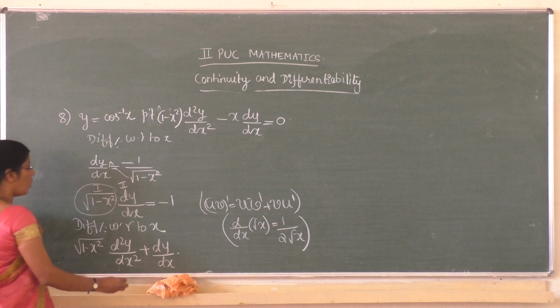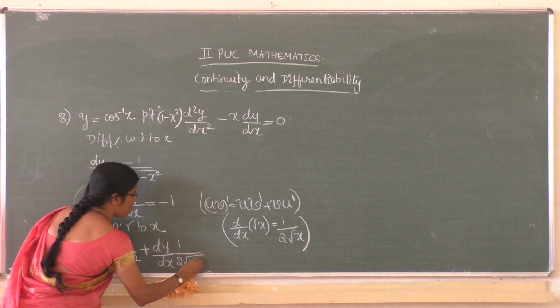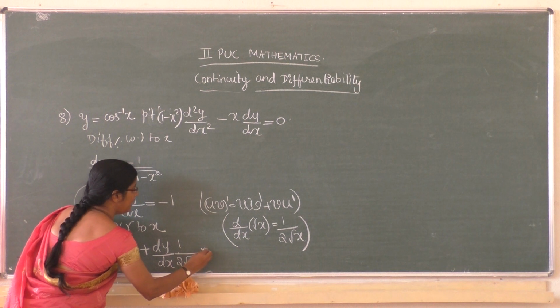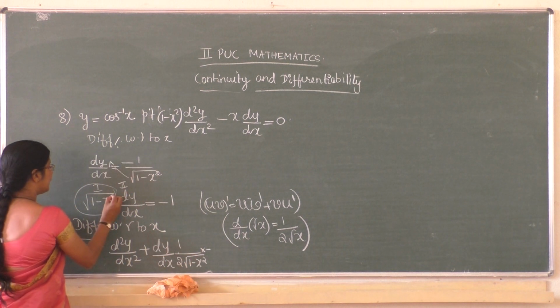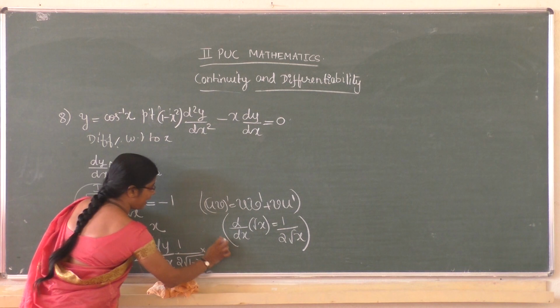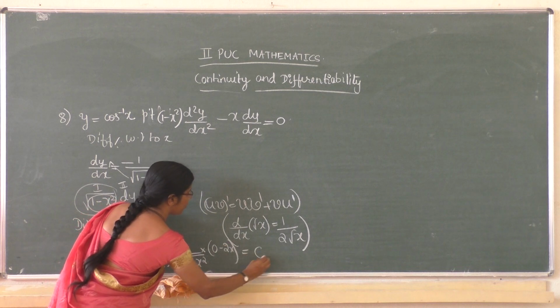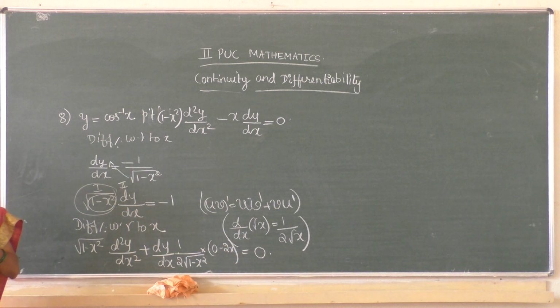So that is 1 by 2 root of 1 minus x square into, here, the derivative of 1 minus x square by chain rule, so what we get is 0 minus 2x. The right hand side, the derivative of minus 1, equals 0.